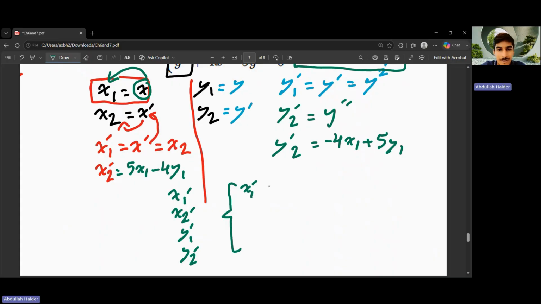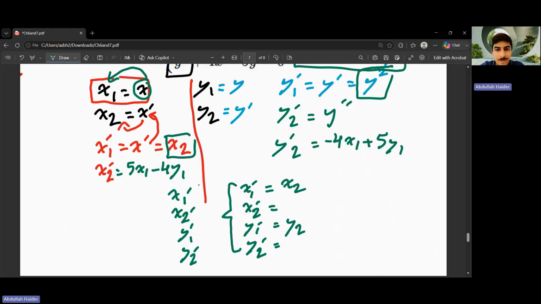So you want to find your x1 prime equals x2, x2 prime equals, y1 prime equals y2, y2 prime equals. So in this case, we have x2 from here, our y1 prime is from here, y2 from here. And we can write our x prime as we found them: 5x1 minus 4y1, minus 4x1 plus 5y1.